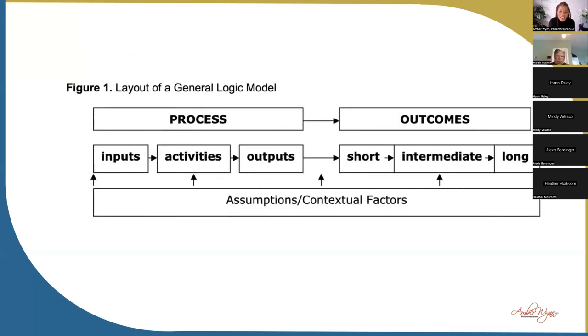So here is the simple layout of a generic logic model. You've got the process and you've got the outcomes. You always are going to have the inputs, the activities, the outputs, short-term, intermediate, and long-term. That's one view, one sample. Here's another one.